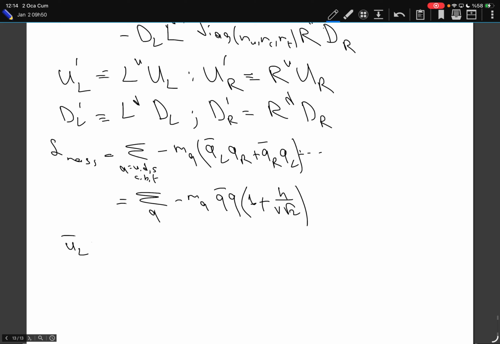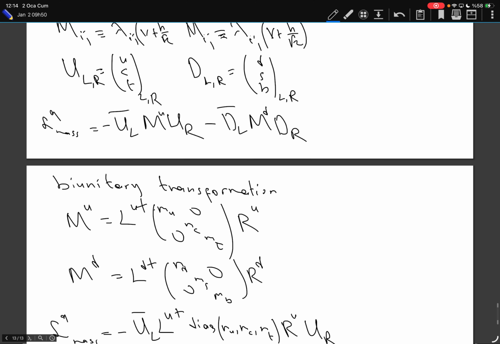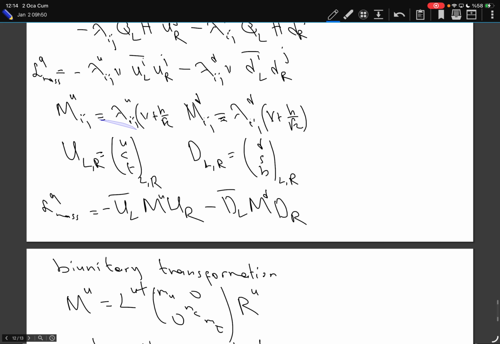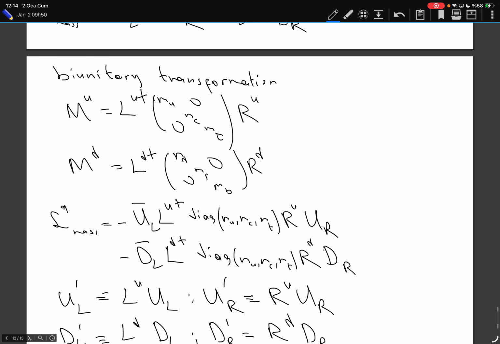UL bar i del slash UL plus CL bar i del slash CL plus TL bar i del slash TL. These are the kinetic terms for the up-type quarks, which I can write as capital U. Remember, this is how I define U, left and right.